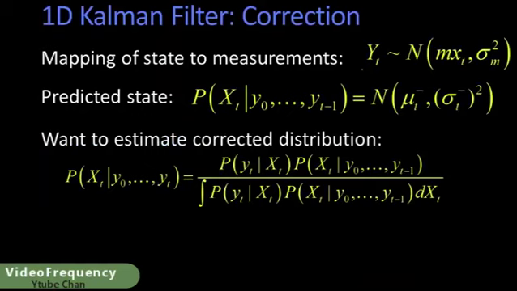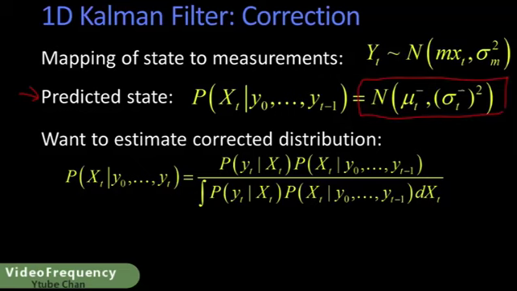First, remember that we're assuming our measurements are, again, just some constant times the actual state plus some Gaussian noise. That's our linear system plus Gaussian noise for the Kalman filter. Remember, we have our predicted state. We just did that. We said that that's mu sub t minus, the predicted mean. And then sigma t minus squared is the variance of the prediction.